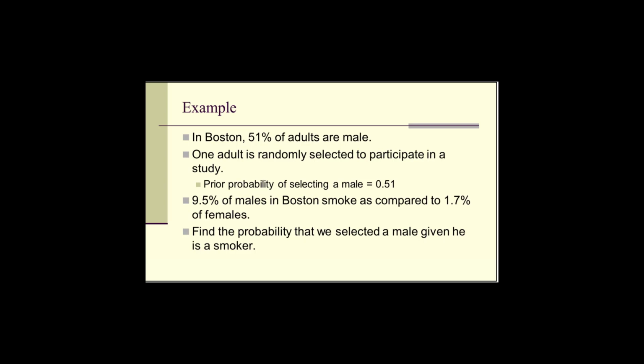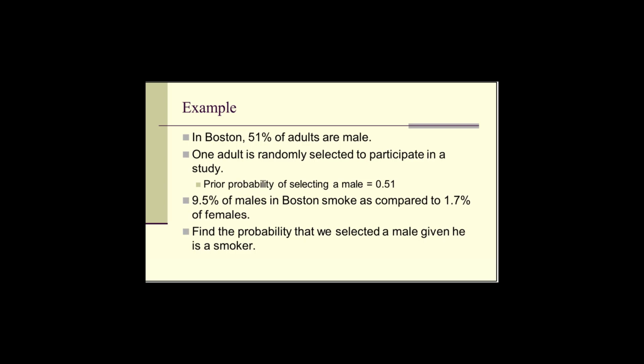I find it helpful to list what probabilities I have before applying Bayes' theorem. I have the probability of male equal to 0.51 and the probability of female equal to 0.49. The probability that an individual smokes given he is a male is equal to 0.095.